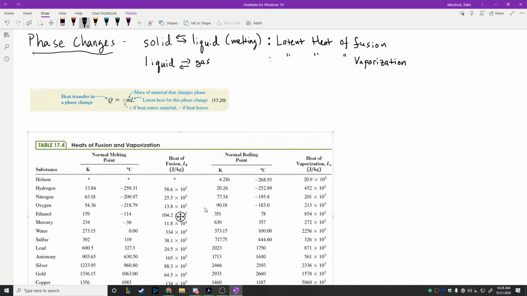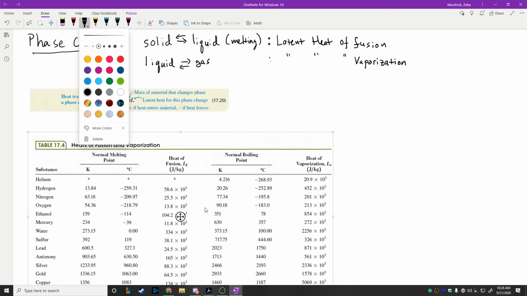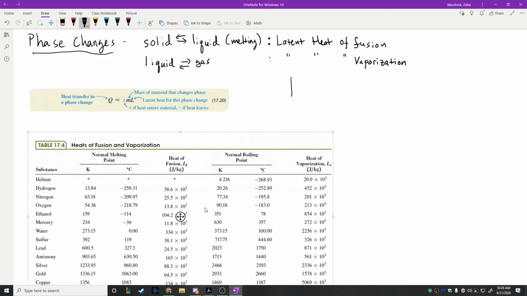I'll give you an example of how this works. So if you have, let's say you have a cup, okay? And you just fill that cup with ice cubes, okay? So you just put a bunch of ice cubes into your cup. No ice, no water, just ice cubes, right? You just fill it up with ice cubes.